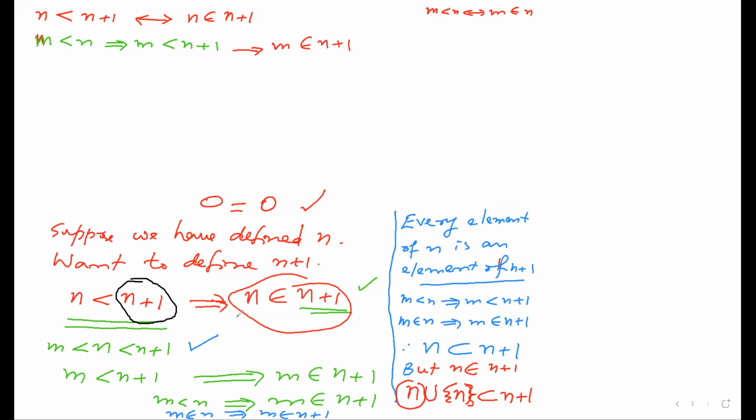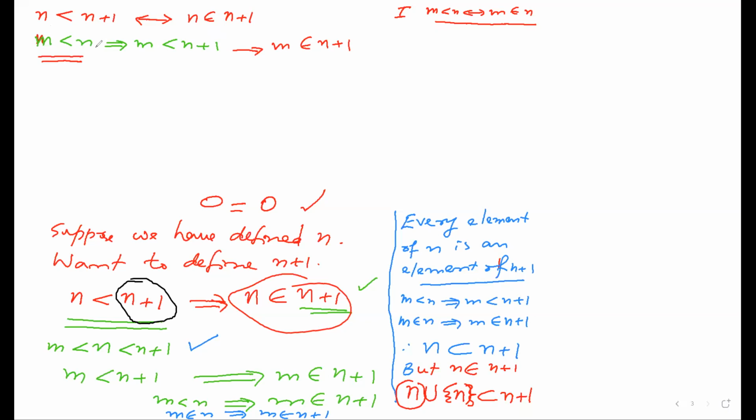By principle 1. Let me have a show of hands about this. Do you agree that if m is less than n, m is contained in n plus 1 as a set? Where did that come from? What principle did we use? This principle, which was our principle 1. So every element, m is itself a set.